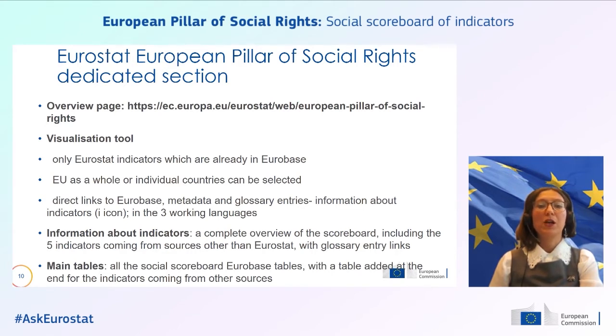So it also includes the 5 indicators that come from sources other than Eurostat, with links to glossary entries and main tables. So that is probably the most relevant part, because there you have all the data.